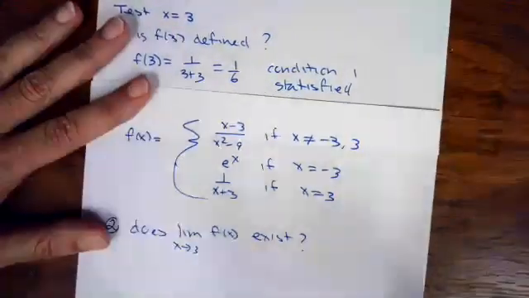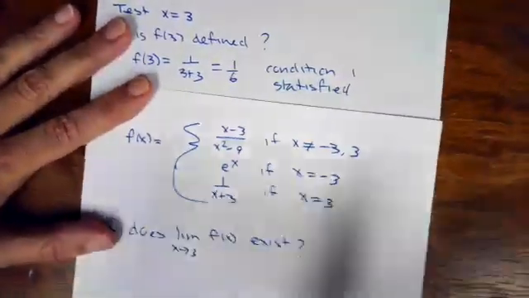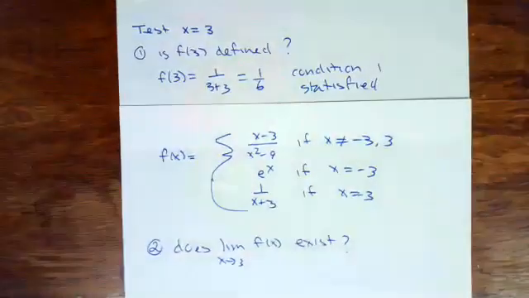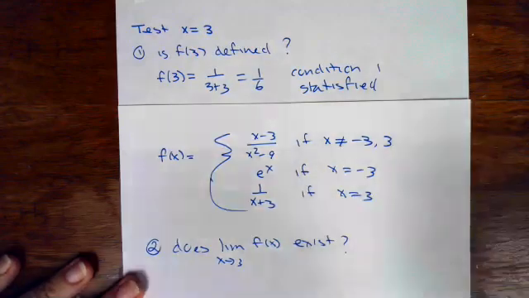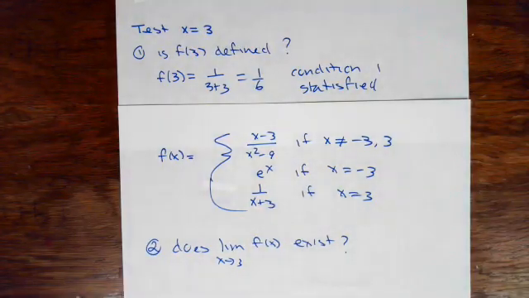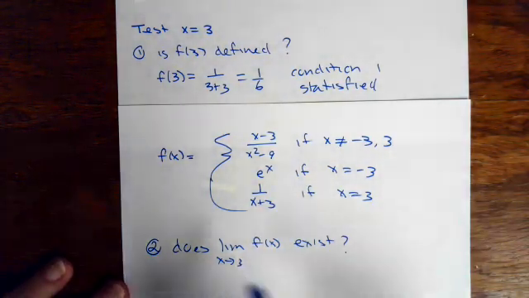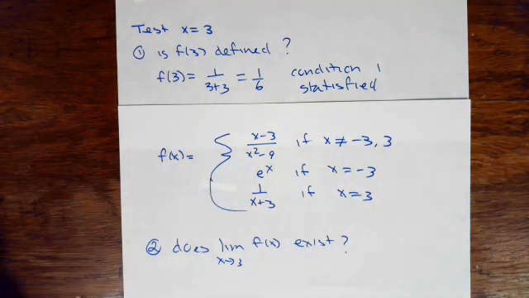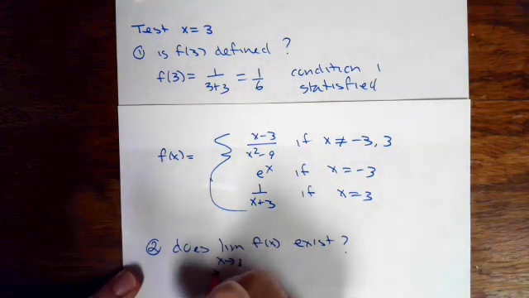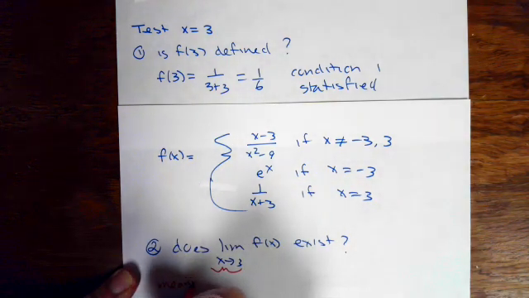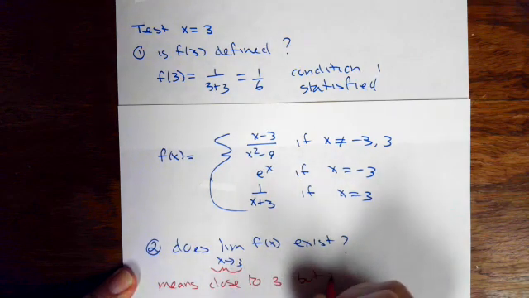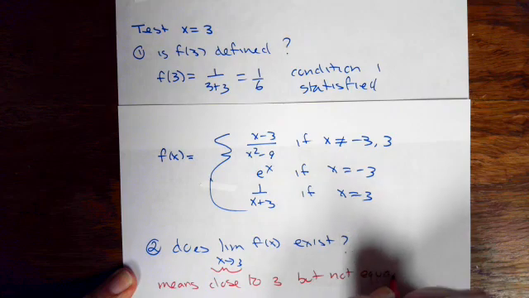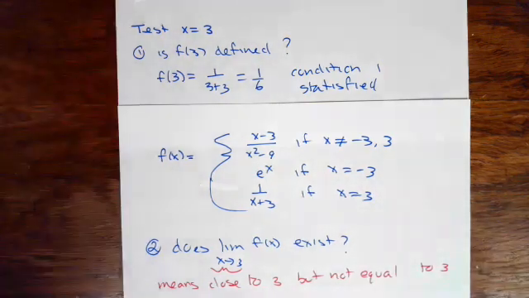Now we have to be smart on this. This is a two-sided limit, but when I look at my graph up here, I've got to decide what I need to do for that limit. And remember what this means: close to 3, but not equal to 3.